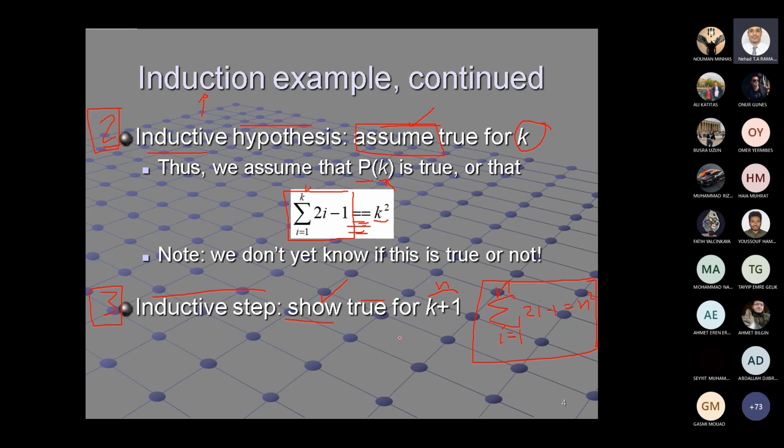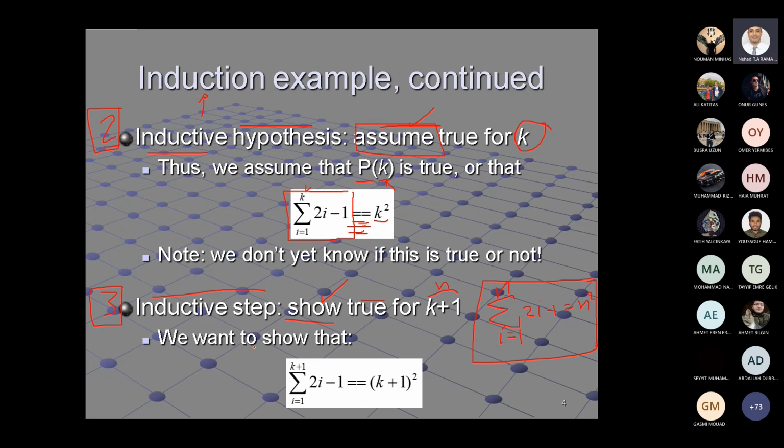So for k plus 1, it's actually i from 1 until, instead of n, now we put k plus 1. So n becomes k plus 1, 2i minus 1, and n to power 2 becomes k plus 1 to power 2.